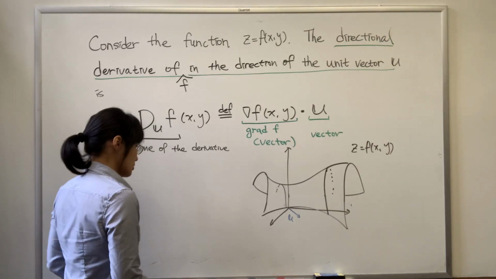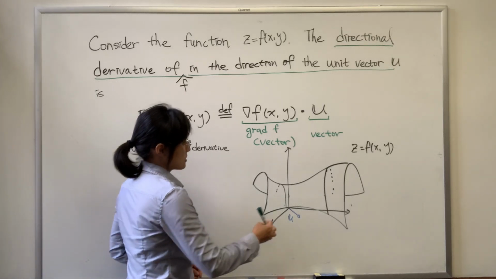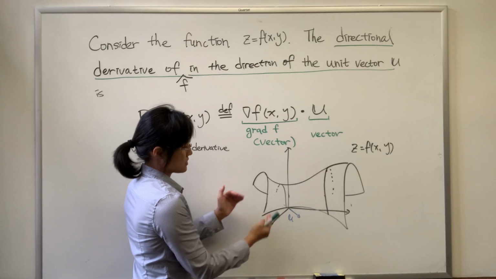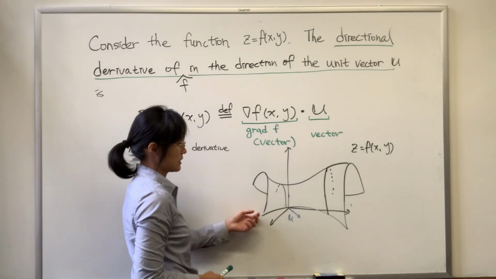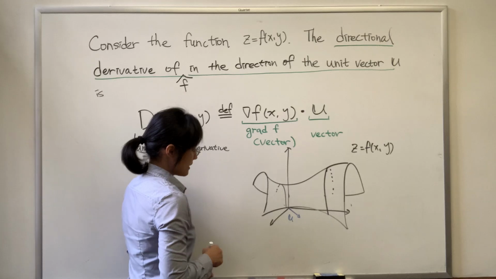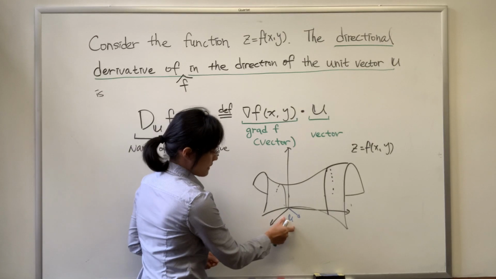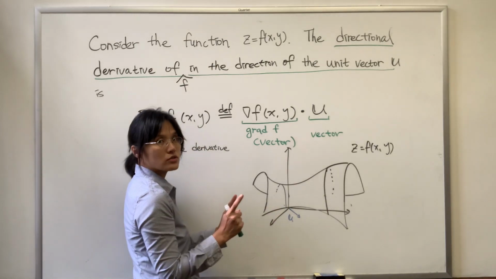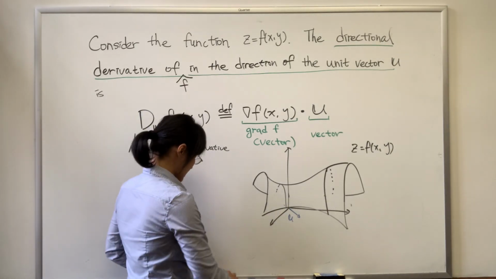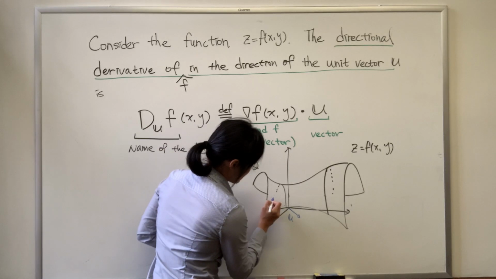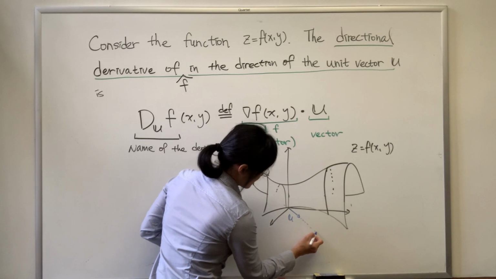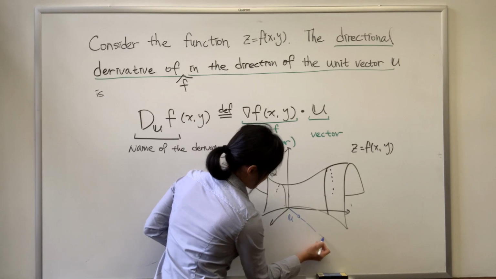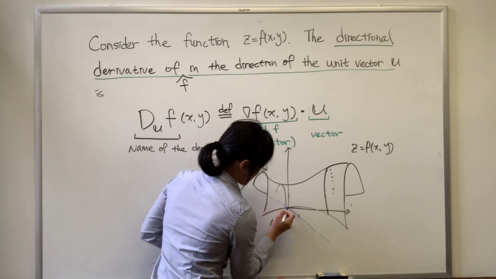I want to look at the geometry a little bit. When I have a function z equals f of x, y, I know in three-dimensional space this gives me a surface like that, for example. In addition to that, I'm given a direction u, and I want this u to be of length 1, so it's a unit vector. If I extend this direction on the xy plane, this is what you see.